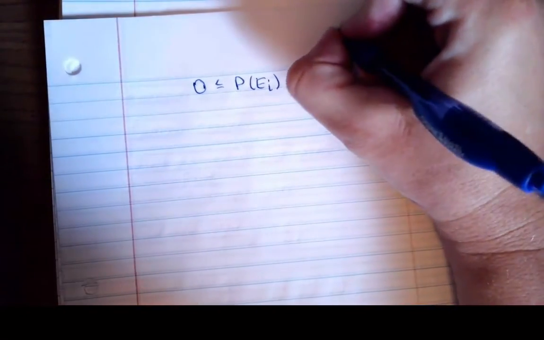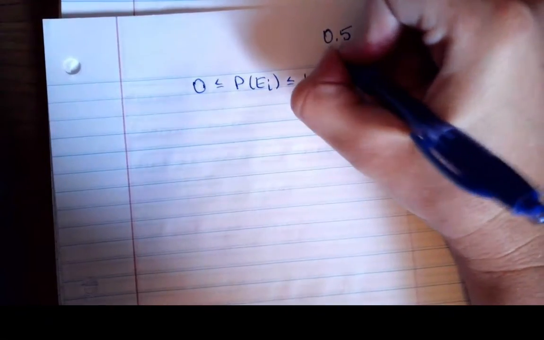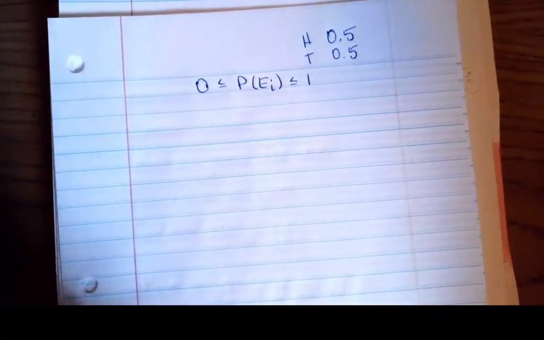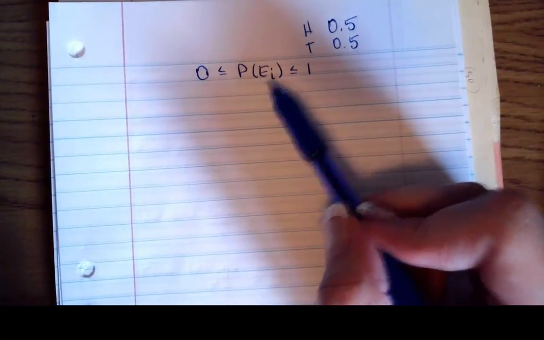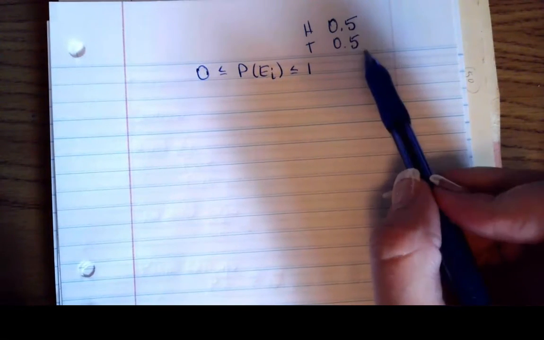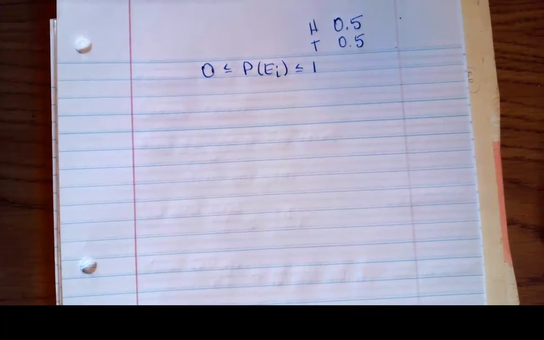So if I tell you that the probability of getting heads is 0.5, or the probability of getting tails is 0.5, your heads and tails are your sample space, and the probability you've assigned is 0.5 or 0.5, which if you multiply by 100, you'll get 50%, 50%. So it's 50-50.